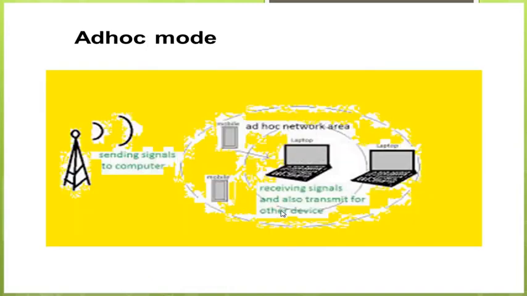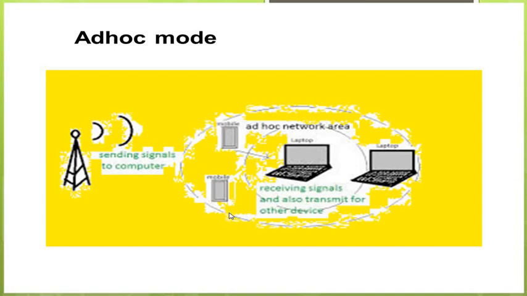Then we have the ad hoc mode. In the ad hoc mode, there is no base station. The nodes transmit to the other nodes which are within their link coverage range. This ad hoc mode is used in scenarios where the infrastructure has collapsed, for example, in the case of a tsunami where there is no infrastructure.